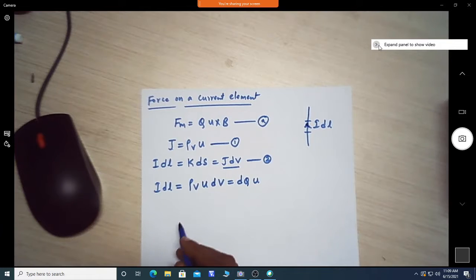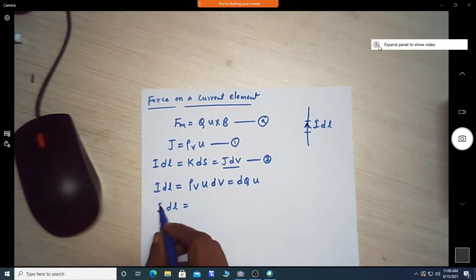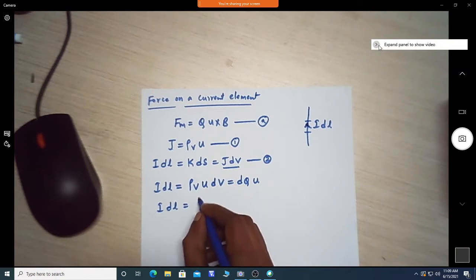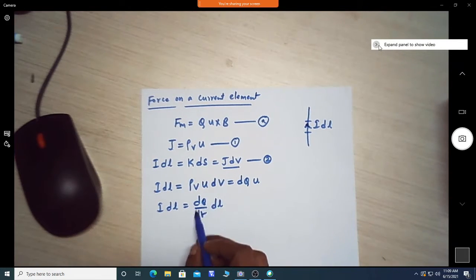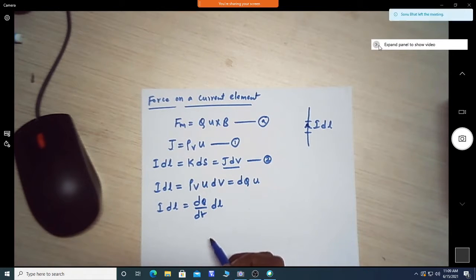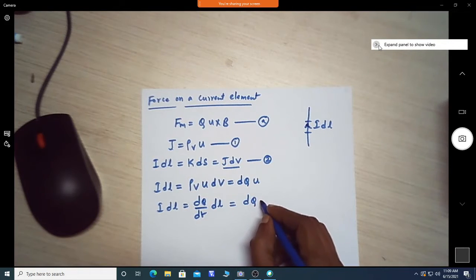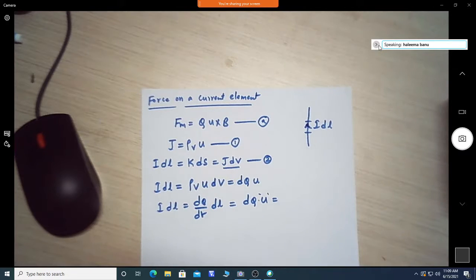Alternatively, we can write I in terms of the rate of change of charge, that is, dq by dt, for current, into dl. So this I dl I can also write in terms of the rate of change of the charge. And similarly this is equal to dq into u, where u is the velocity at which the charge is moving.